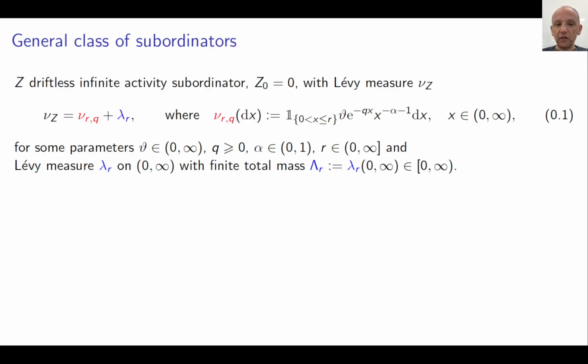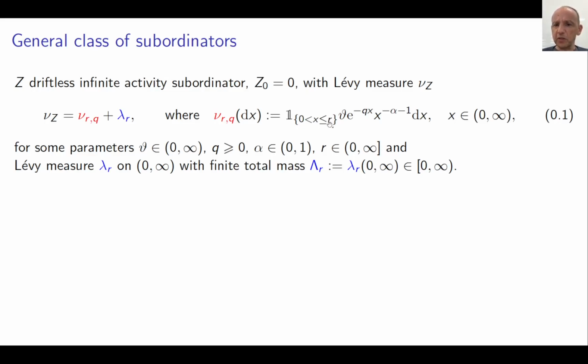Okay, so recall briefly the structure of the class of subordinators this applies to. This is infinite activity subordinators, which close to zero are of this type. So they are of the type of stable, tempered stable, where the tempering parameter can be zero or can be strictly positive, and the truncation parameter R is important.